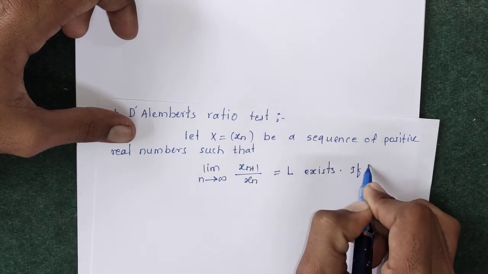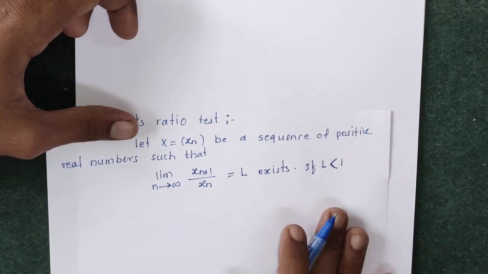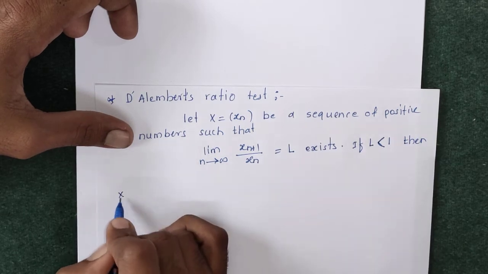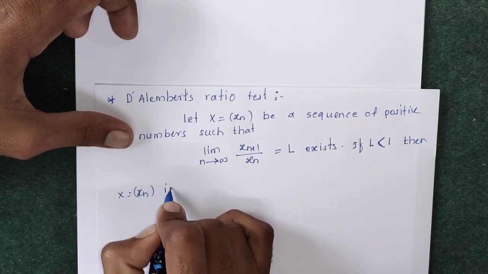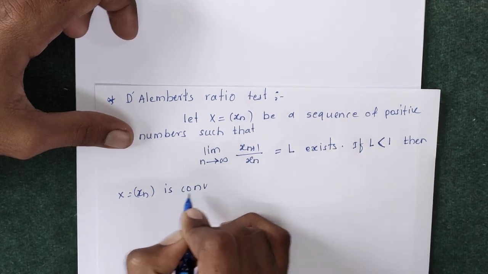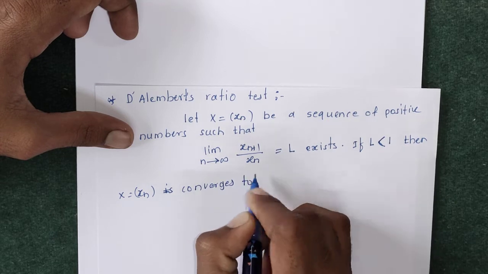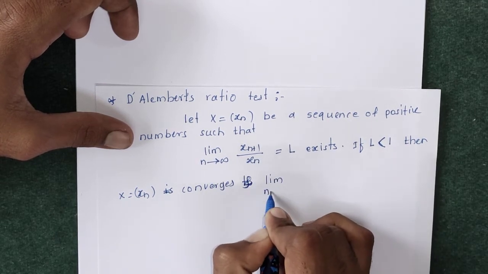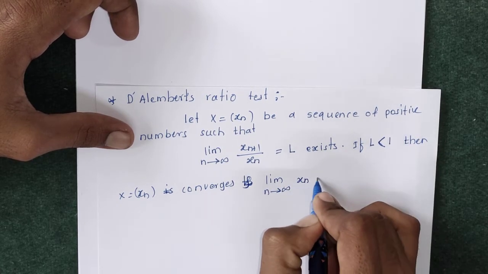Now if that limit L is less than 1, then our sequence x = (xn) is convergent, the sequence converges, and the limit as n tends to infinity of xn is equal to 0.